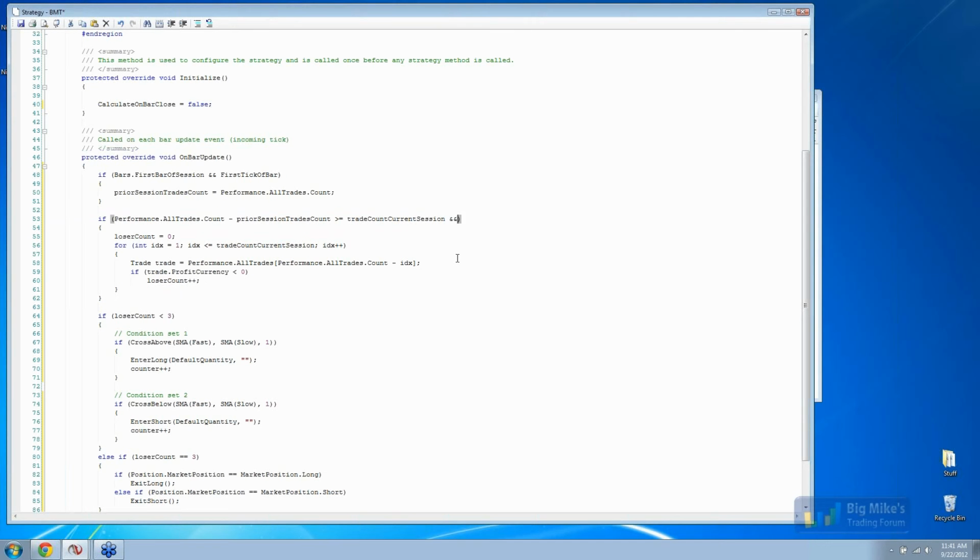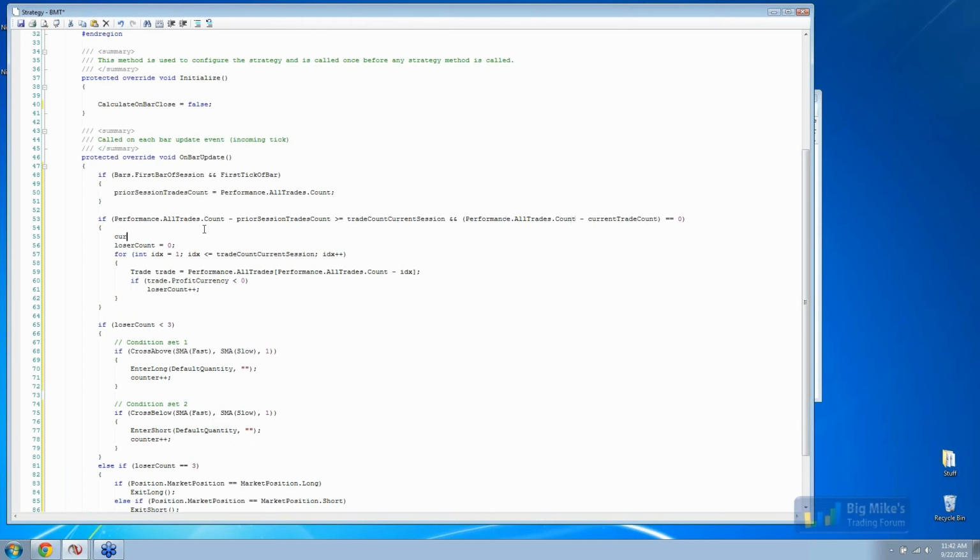So we're going to go ahead and add, let's see here, what can we add? We can add, if we have performance.alltrades.count minus, let's say, a new variable I have, current trade count, and that's equal to 0, then we'll go ahead and continue doing this.